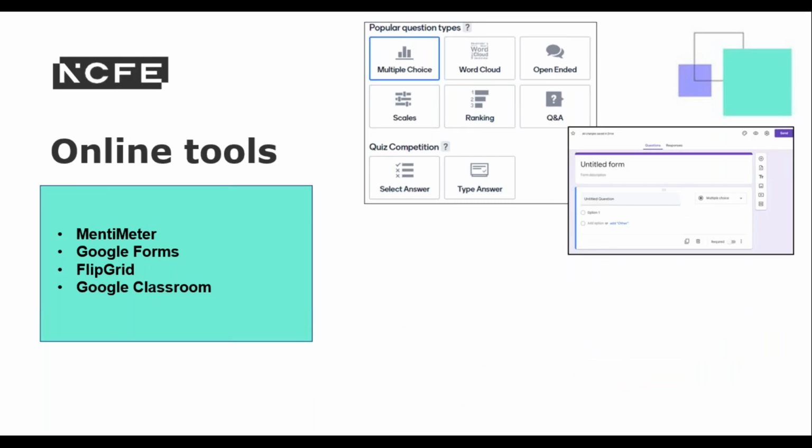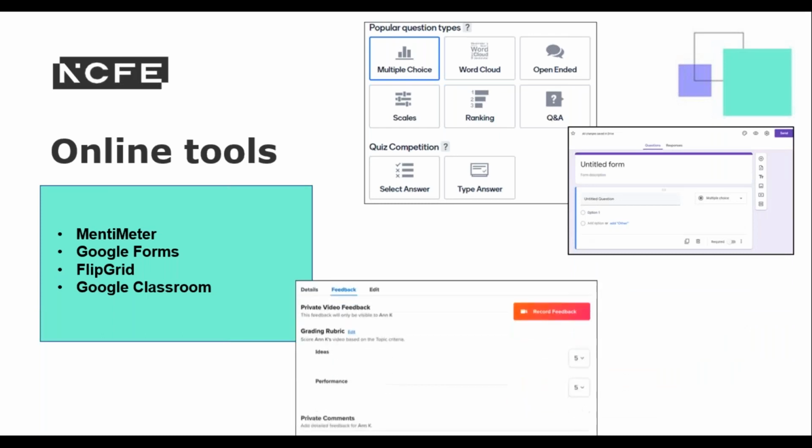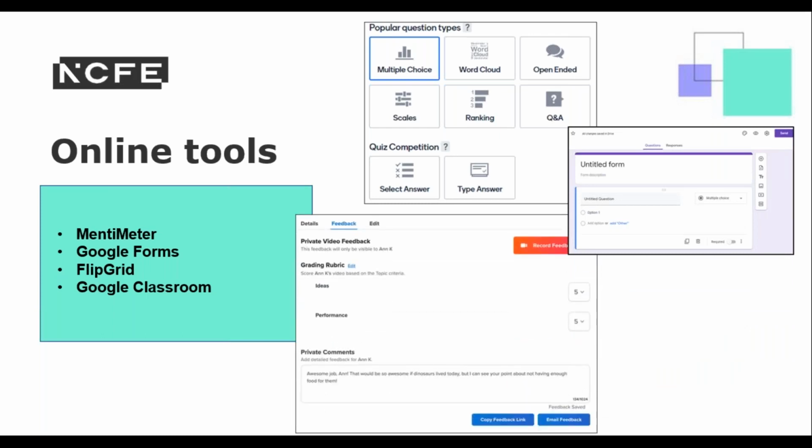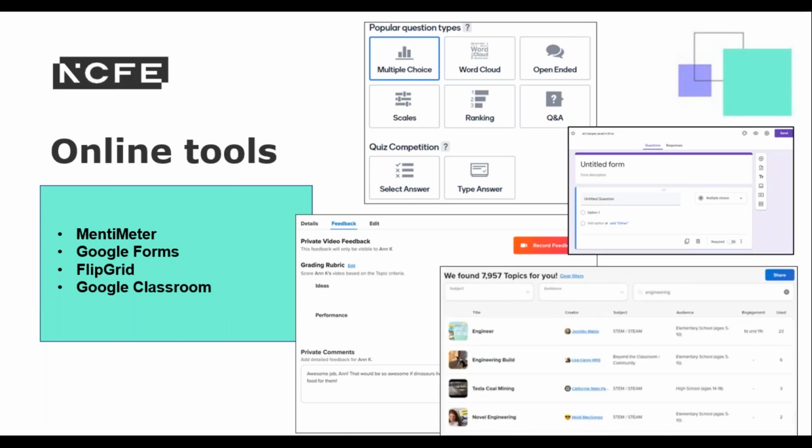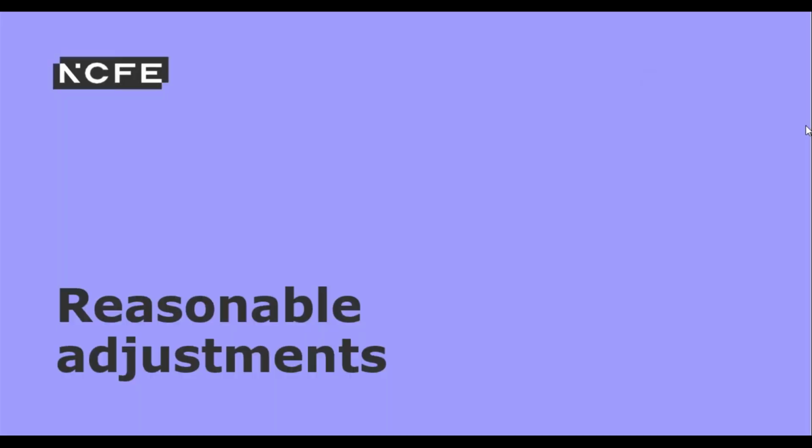Google Forms, these can be used in lessons and for homework. Flip, formerly Flipgrid, is a video discussion tool from Microsoft that opens up discussion in the classroom. And Google Classroom. These are some online tools and they are not endorsed by NCFE, but recommended that you could use in your classroom.